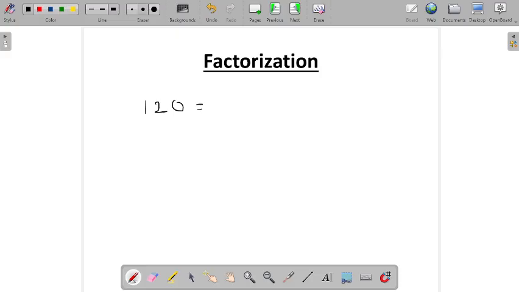We all know this division method and we learned this in school days. Let us apply this division method. 120. Let me take 2 as a divisor. Since it divides 120, we got 60 as coefficient. Again, I take 2 as a divisor. It can also divide 60 and 30 as coefficient I have got.